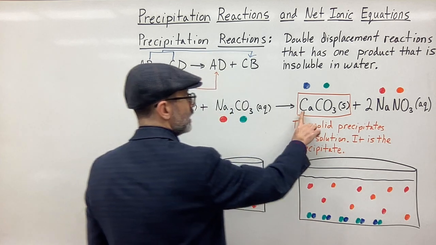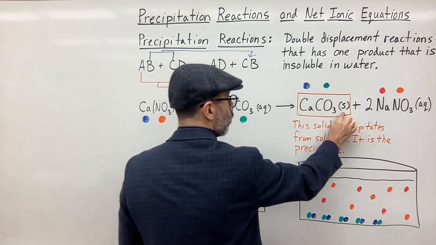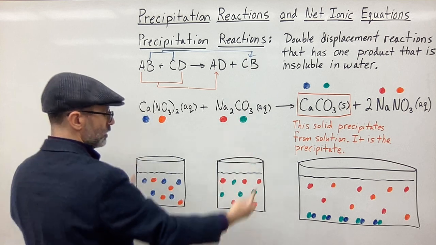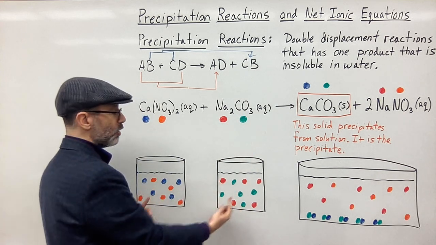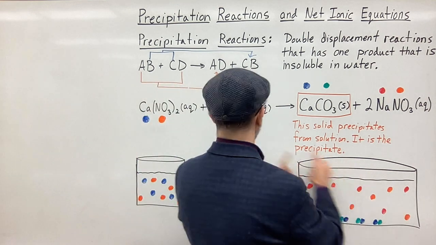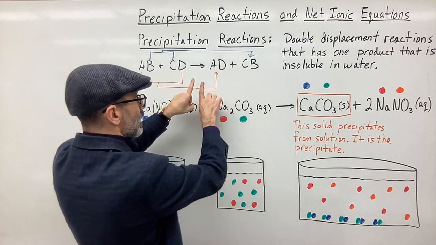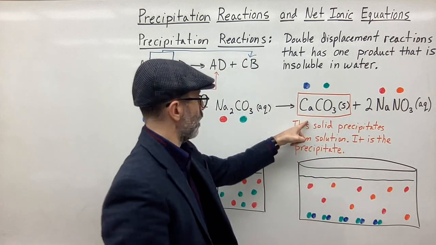And notice here that the calcium and the carbonate ions come together to form a solid. So the carbonate and the calcium are separated in different beakers, right? They're not interacting with each other, but when I mix them together, now they can come together. So the outside ions can actually interact with each other to form a possible product, calcium carbonate.